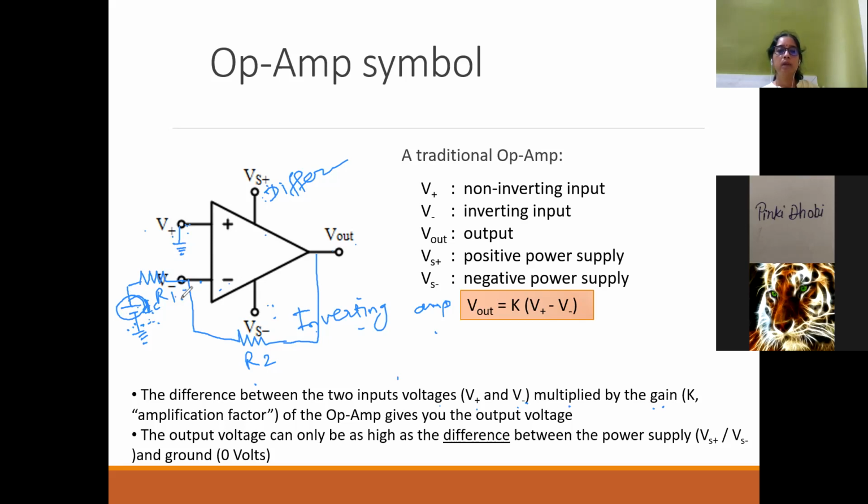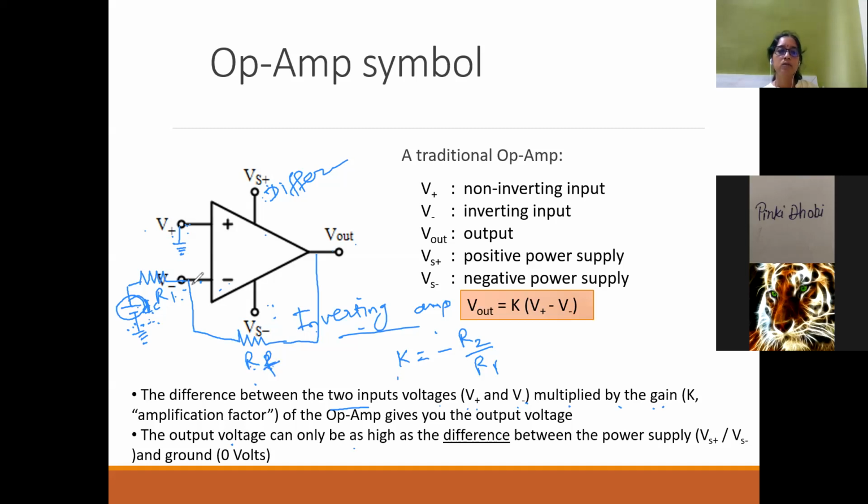And the output voltage is nothing but the difference between two input voltages multiplied by the gain. I am just discussing how gain is set. This inverting amplifier gain is given by minus R2 upon R1. Sometimes this R2 is called as RF. RF for what?